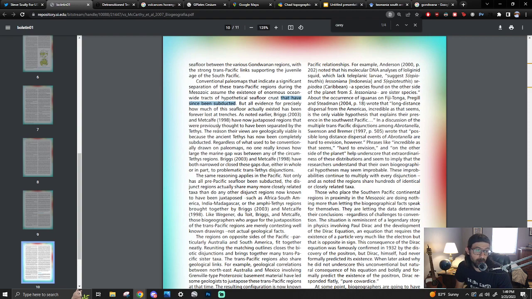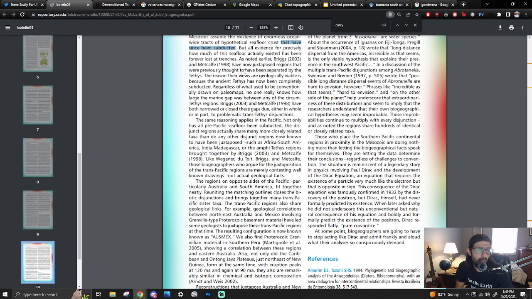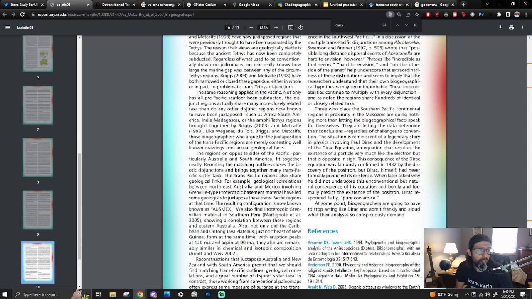The reason their views are geologically viable is because the ancient Tethys has now been completely subducted. Regardless of what used to be conventionally drawn on paleo maps, no one really knows how large the marine gap was between any of the circum-Tethys regions.